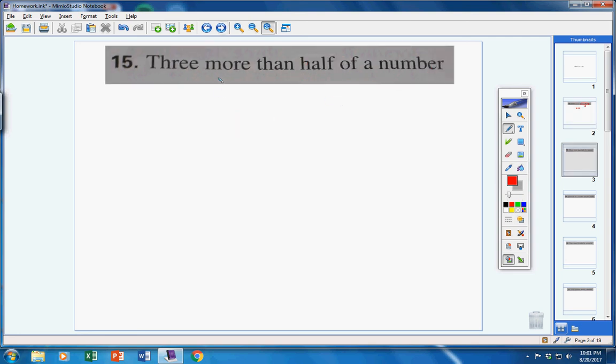Number 15. 3 more than half of a number. Now, we know we're going to add 3. This is 3 more, so we know we're going to add 3. Okay? What are we adding 3 more to? Half of a number. So there's two ways to do this.